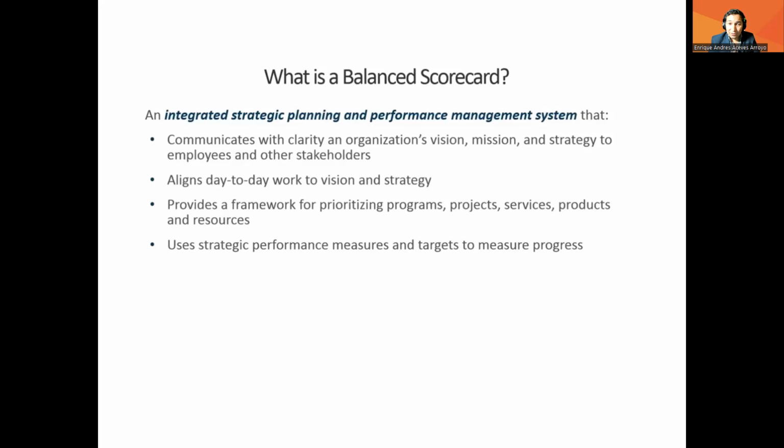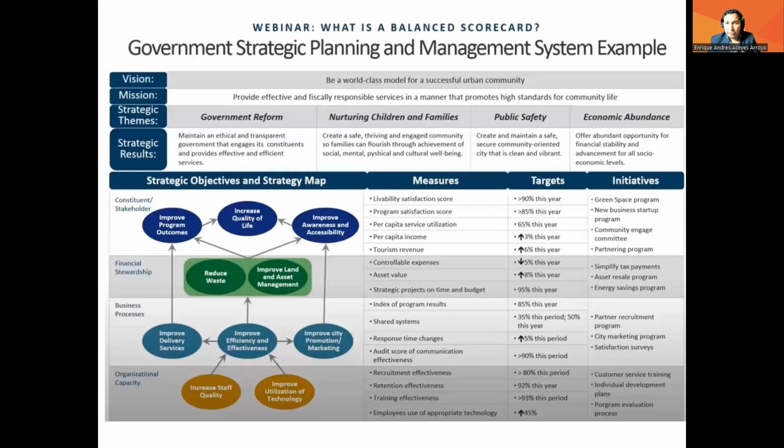It aligns day-to-day work to the vision and strategy. It provides a framework for prioritization of programs, projects, services, products, and resources, and it uses strategic performance measures and targets to measure progress. This is a good example of a balanced scorecard.